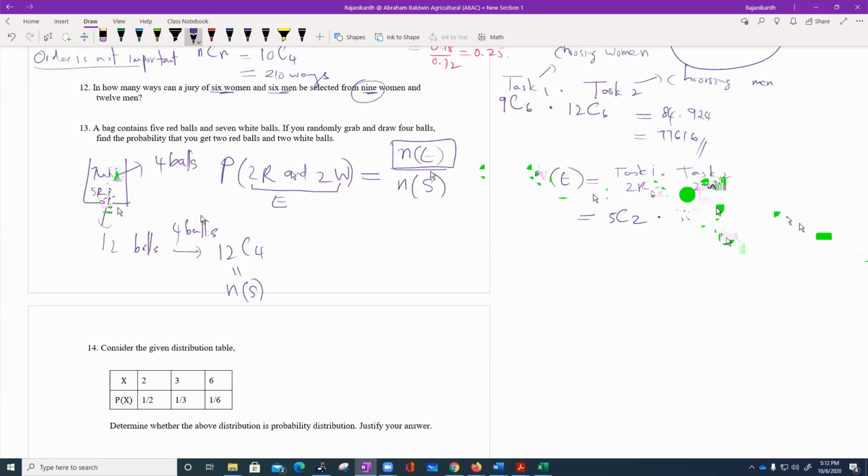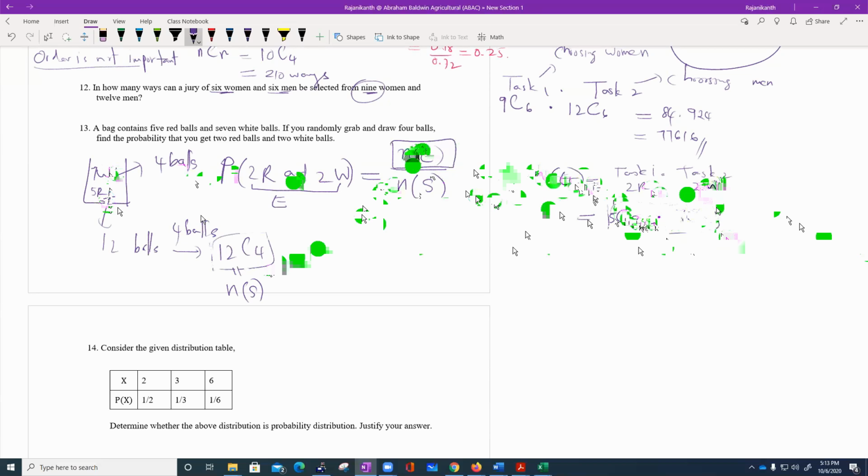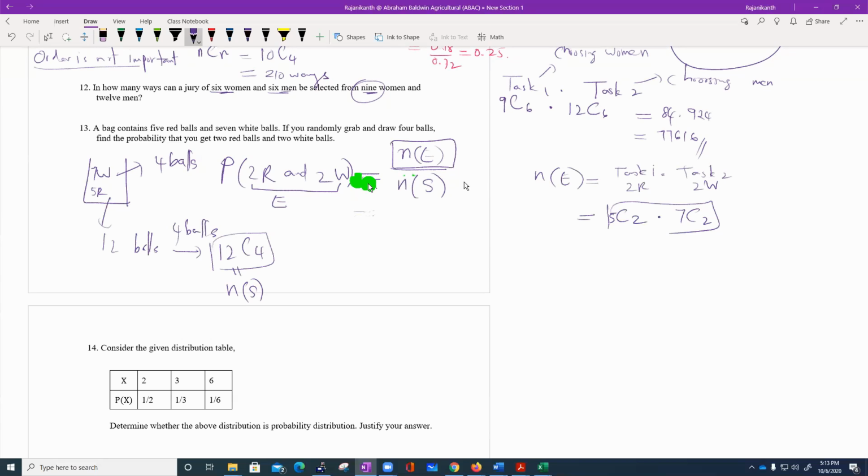Right. So if you multiply these two together, you will get the numerator piece of your probability. That is simply N of E. That's it. Simply plugging these two numbers into your formula, you will get the answer. So the probability of choosing 2 reds and 2 whites is simply 5C2 times 7 choose 2 over 12 choose 4, right? So if you want, you could find one by one using a calculator. 5C2 should be 10, right?